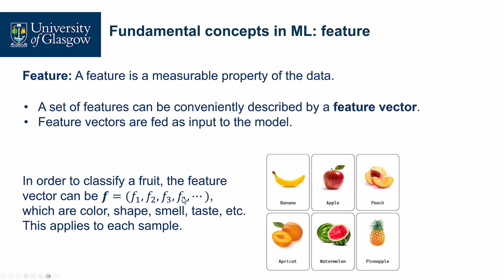These features can be, let's say, the color, the shape, the smell, the taste, etc. The properties of this food, right? By collecting them, we can form a feature vector like this. This feature vector includes all of these features. The feature vectors are the same for all the samples. Then the real input of the machine learning is this feature vector, right?